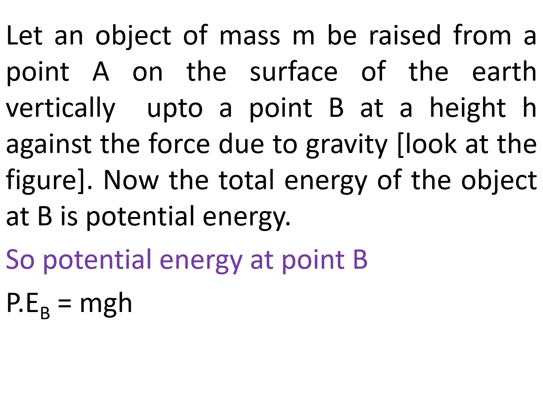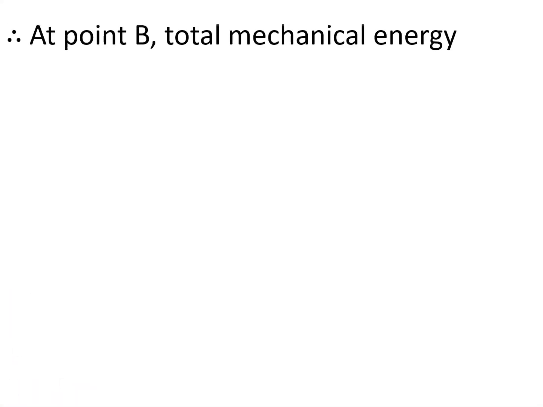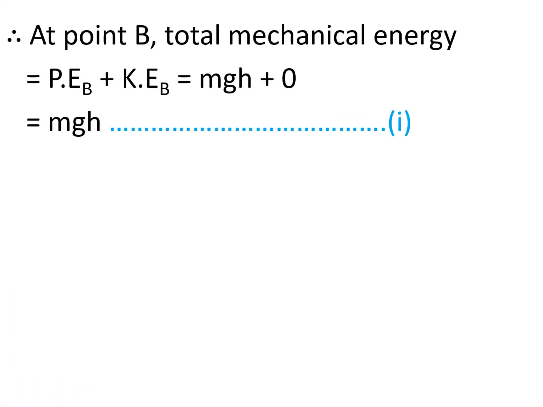So, the potential energy at B equals mgh, and the kinetic energy at point B equals 0. At point B, the total mechanical energy, potential energy plus kinetic energy, is mgh plus 0, mgh, equation 1.